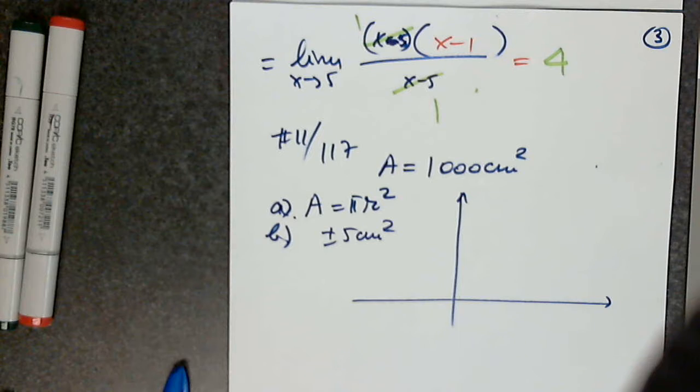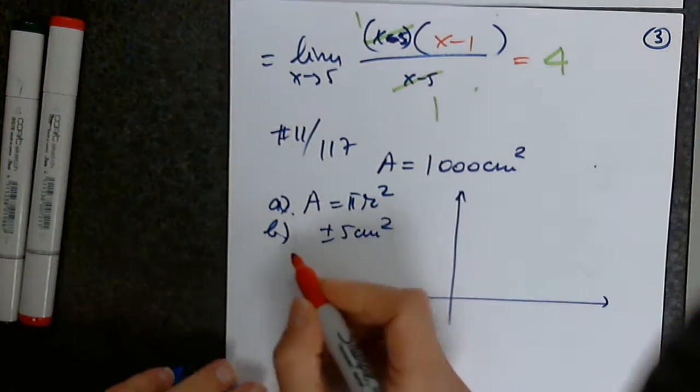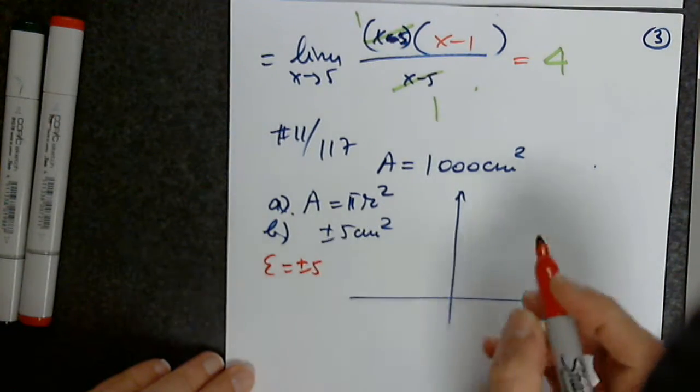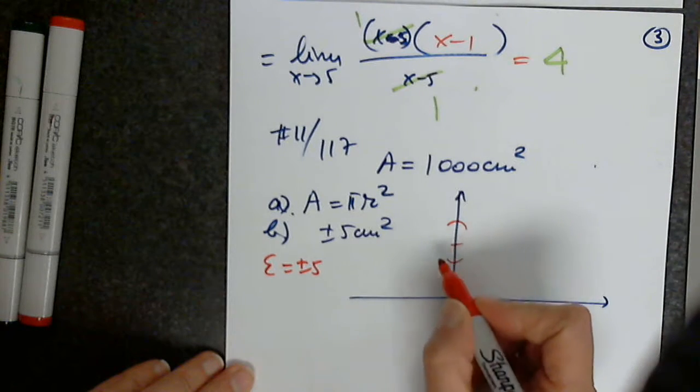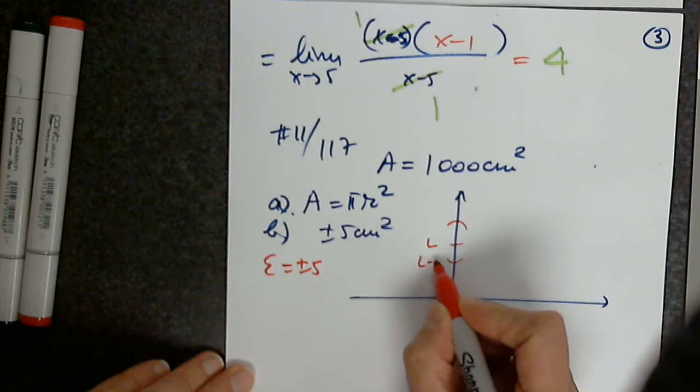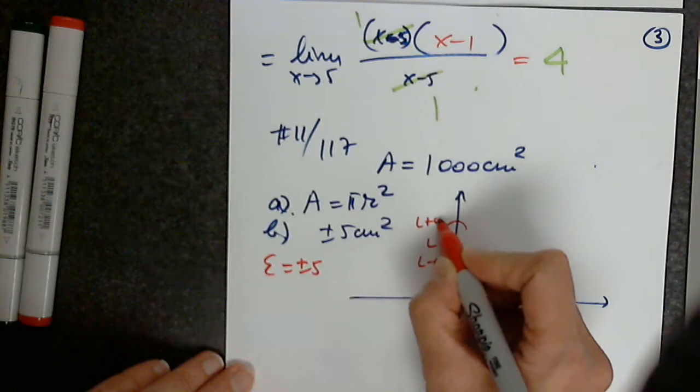So then this, I don't know what this is. We haven't discussed it yet. But definitely, if this is 5, this point is 5 minus 0.5, and this point here is 5 plus 0.5. We agree? Okay. So then epsilon is plus or minus 5. Whatever this is, I'm going to call it L. This is L minus 0.5, and this is L plus 0.5.